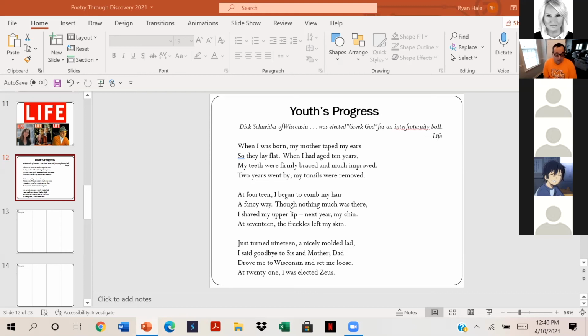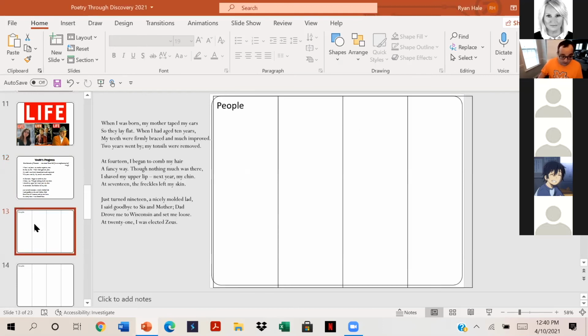I don't think this poem is super hard to understand. I think that we kind of can get what happens here. But even if it was hard to understand, here's what I want you to think about. It's kind of a similar strategy as before, but what we're going to do is put these words from the poem into categories.